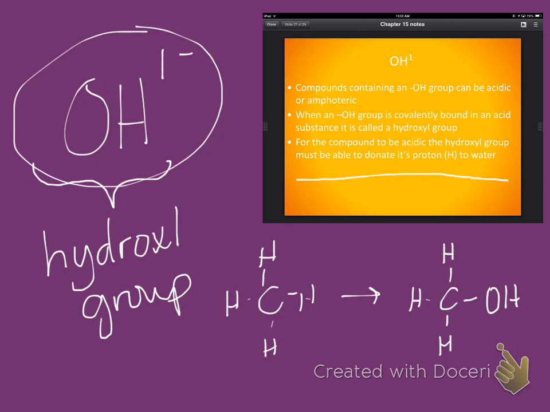If the compound is going to be acidic, this hydroxyl group has to be able to shed its proton, shed its hydrogen, and donate it to water. That would not happen with methanol. That would not happen with ethanol or propanol. But there are compounds for which it happens.